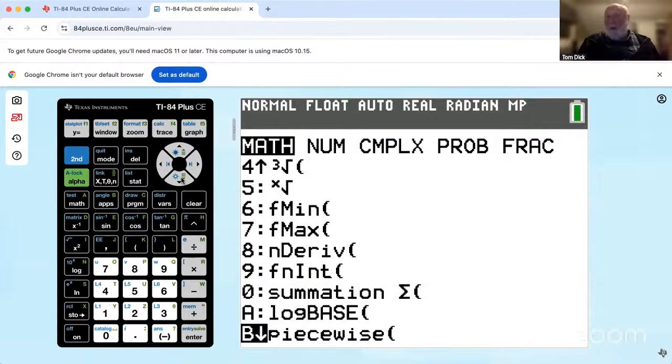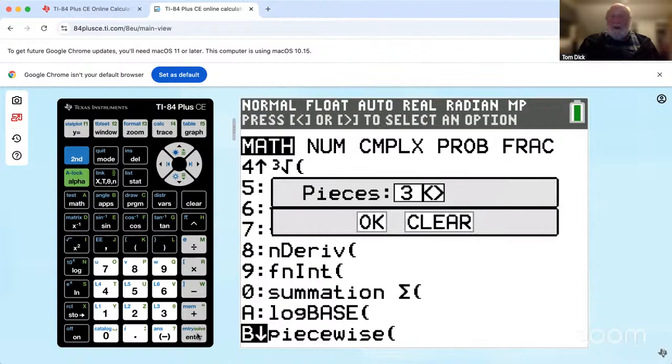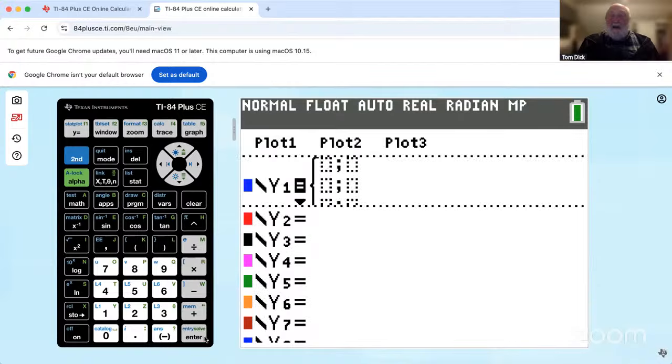B is piecewise, that's what I want. So let's enter that. I think the default is 3 pieces, and that's exactly what we want for this function. There's 3 straight line segments making up that. So let's go ahead and say okay for that. And you can see it gives me this nice little template for those 3 pieces.